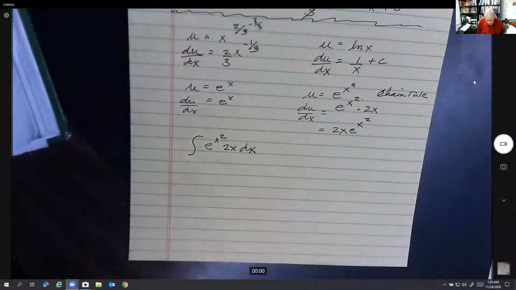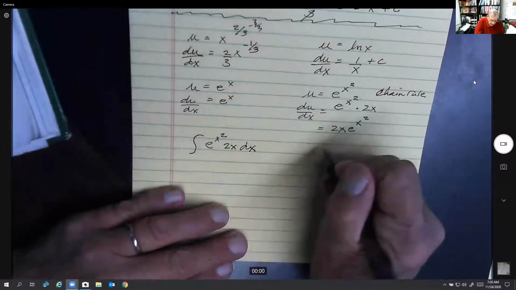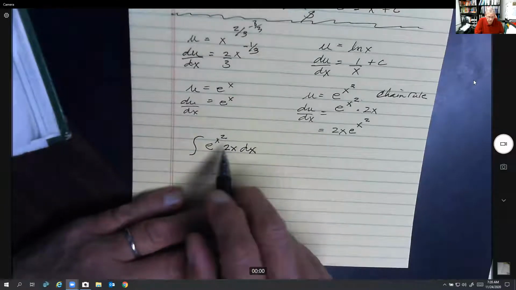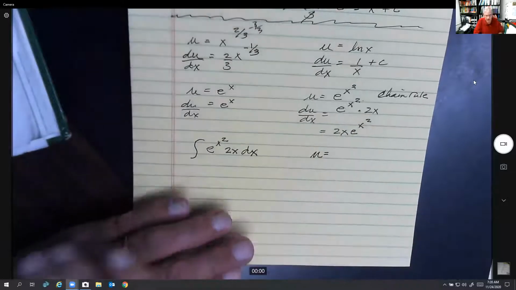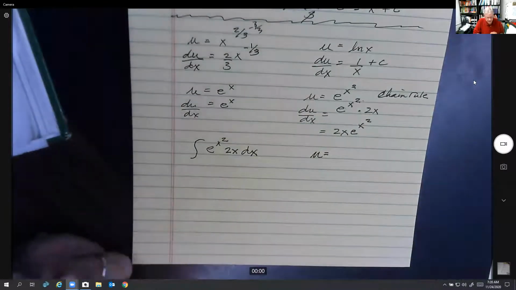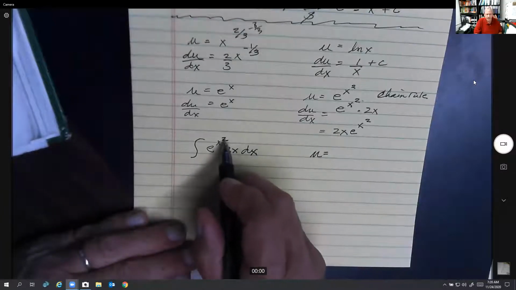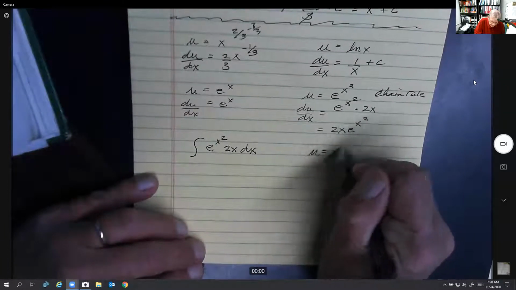So the first thing we're going to do is use a method called u-subs. We're going to replace some of these letters in here with the letter u. So we're going to let u equal... now, what do we let u equal? It's kind of difficult to decide, but usually it's the term with the highest power. So we're going to let u equal x squared, just the power.